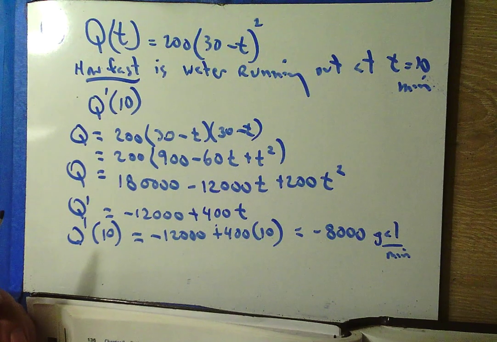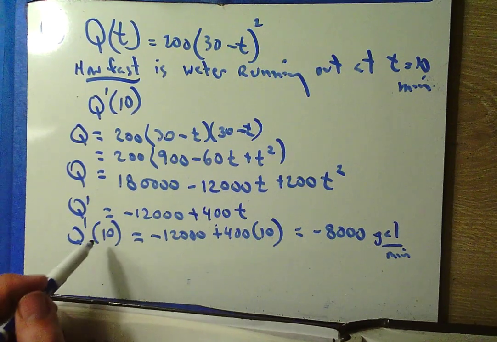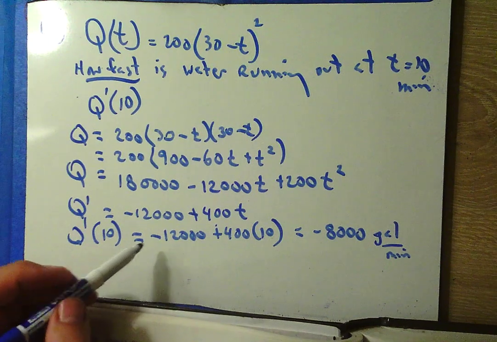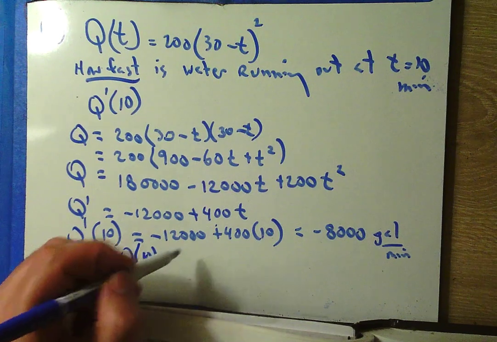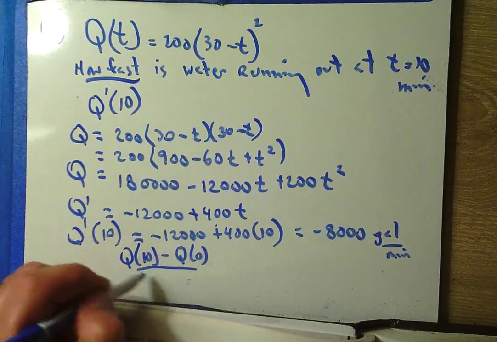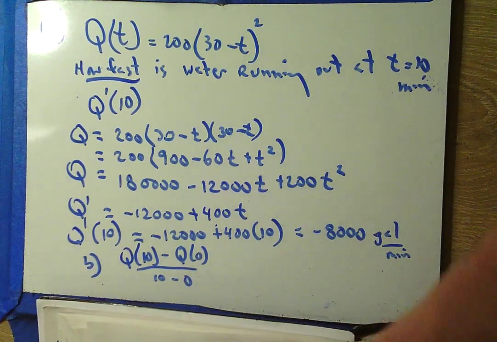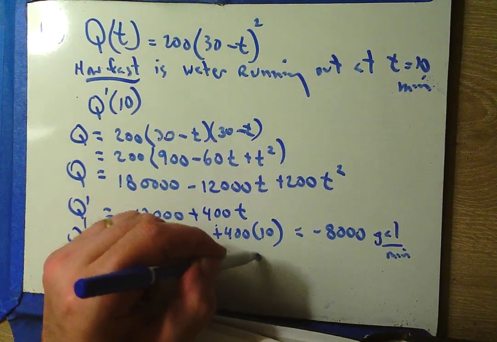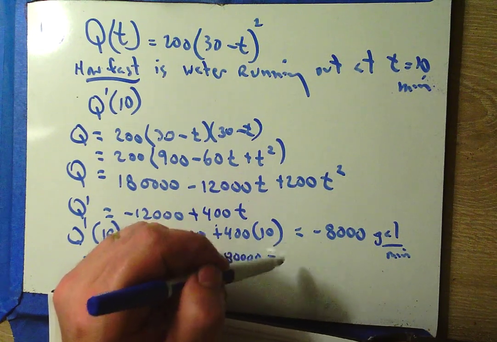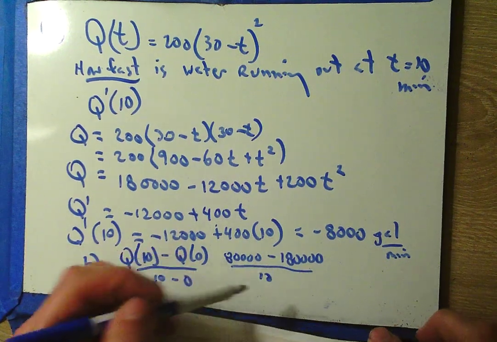Okay, what's next? What is the average rate at which water flows out during the first 10 minutes? Well, that's not Q prime of 10. That's instantaneous rate of change. We're looking for average rate of change in Q across those 10 minutes. We're looking for Q of 10 minus Q of 0 over 10 minus 0. Okay, so I found Q of 10 to be 40,000, and I found Q of 0 to be 90,000, over 10 minutes.